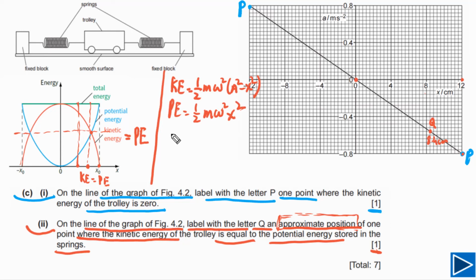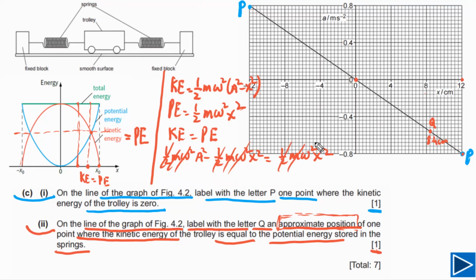Potential energy is equal to kinetic energy, so we can equate these two and find the value of displacement. 1/2 m omega square times a square minus 1/2 m omega square times x square is equal to 1/2 m omega square times x square. So we can cancel 1/2 m omega square. You can see these quantities can be cancelled. So from here we get a square equal to 2 times x square.